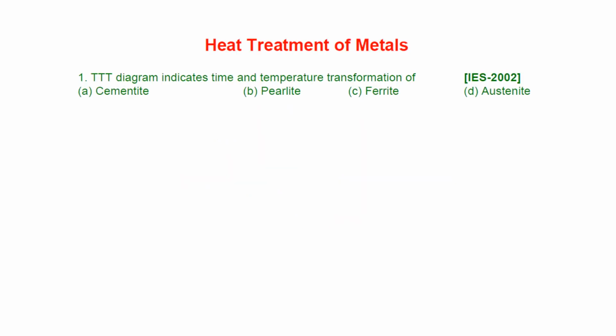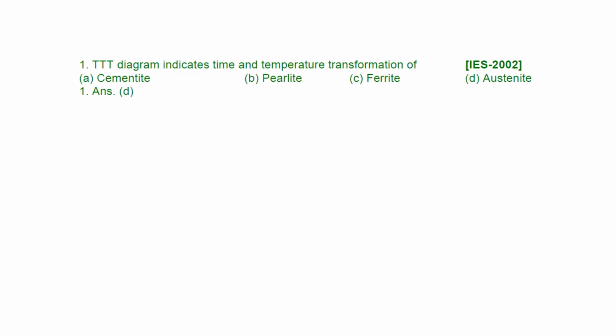Today's question is from the heat treatment of metals. Let's see: the TTT diagram indicates time and temperature transformation of cementite, pearlite, ferrite, austenite. This is actually the austenite.